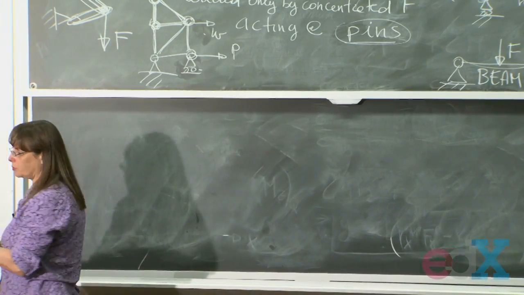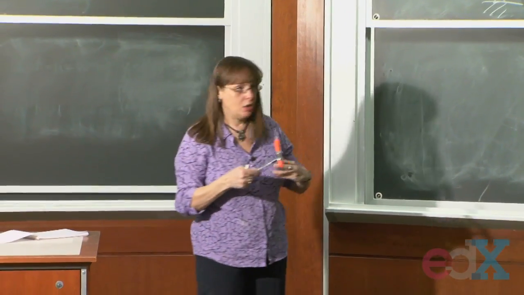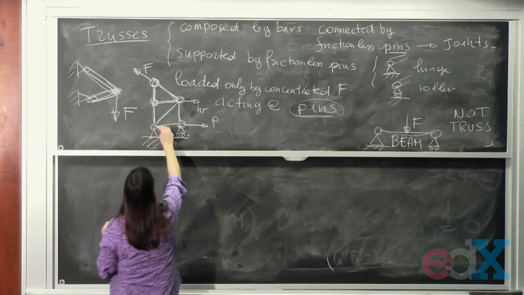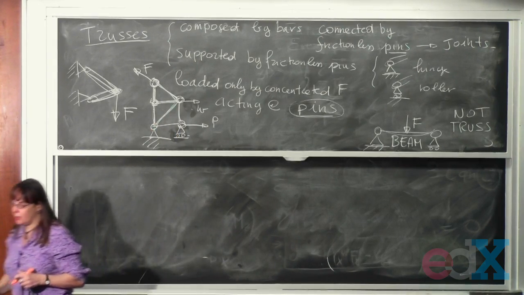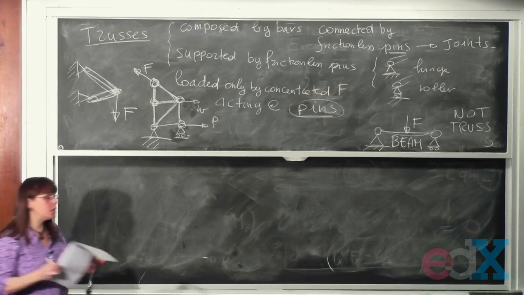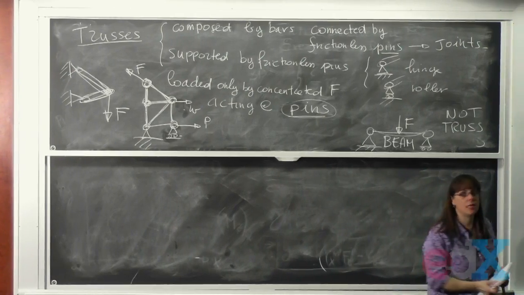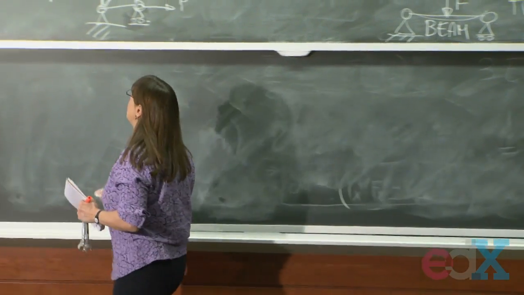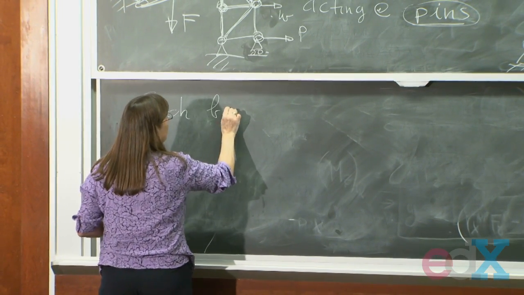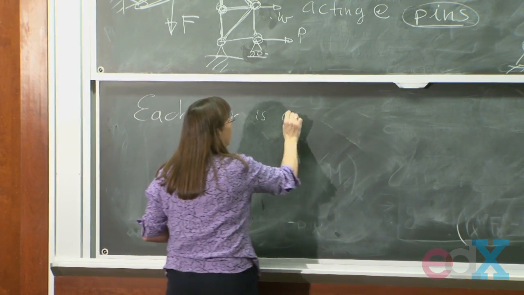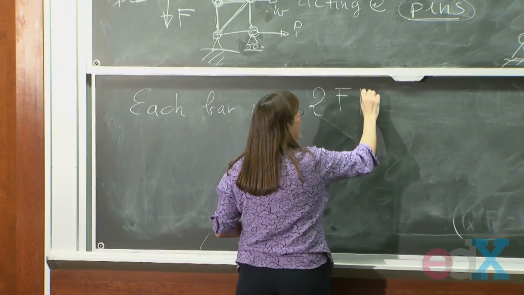So they are connected by these frictionless pins. We sketch them like this. We sketch the bars like this and the pins like this. These are hinges and rollers. And the thing that makes life easy for trusses is that each bar is a 2FM.